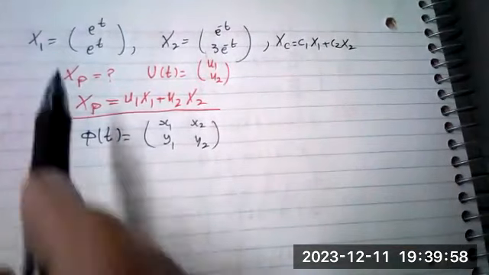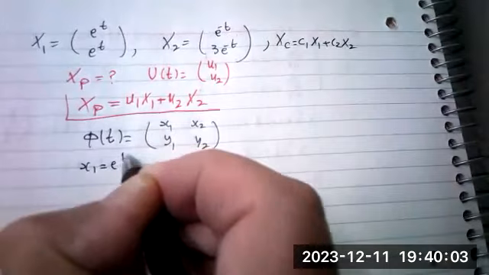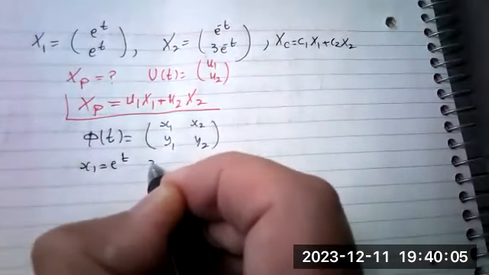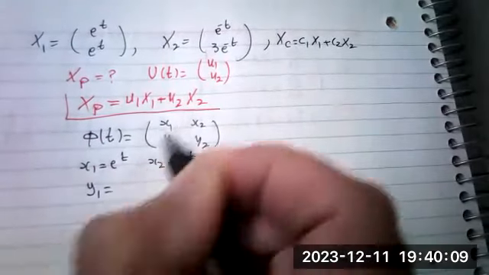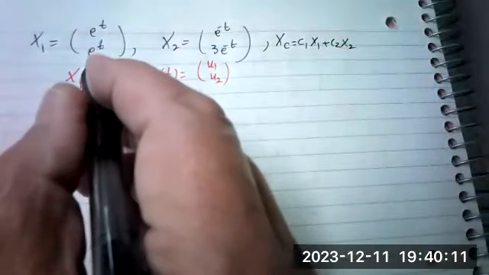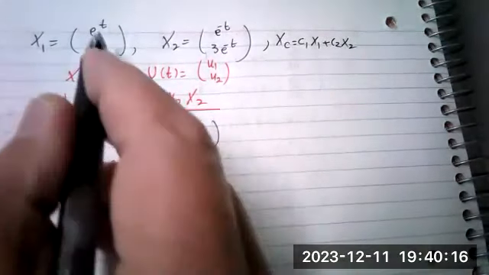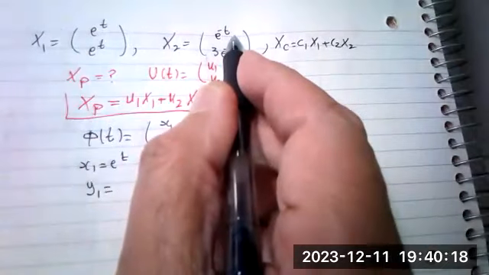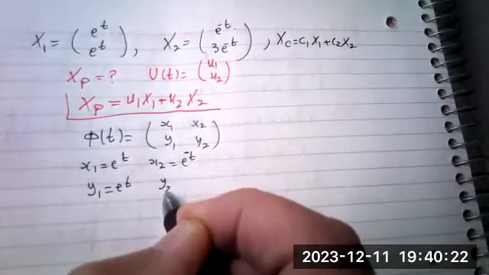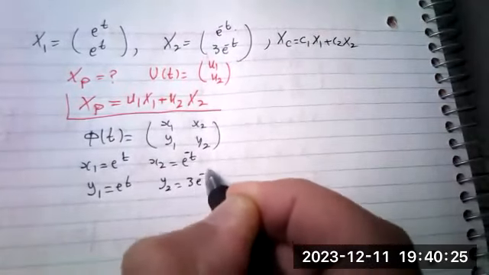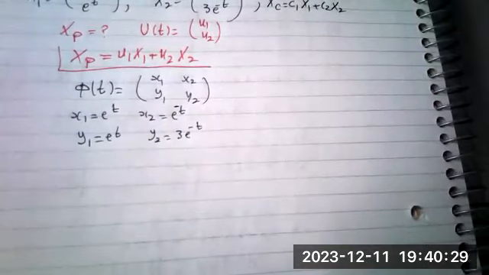In this case, your x1 is e to the t, your x2 is e to the negative t, and the y1 is e to the t, and the y2 is 3e to the negative t. This is the way we describe it.